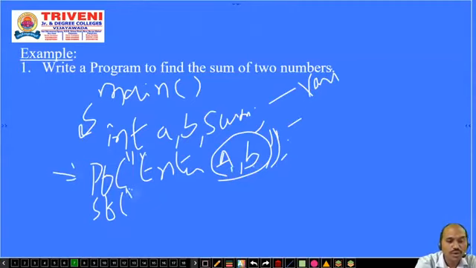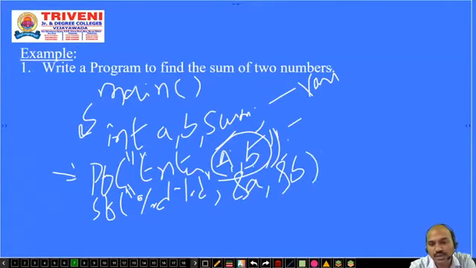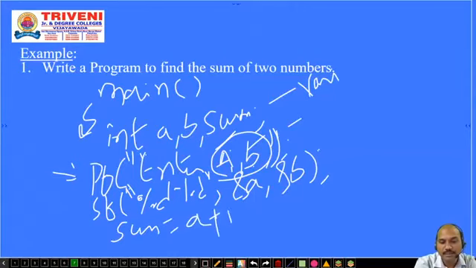Open the quotations and write two %d, one for a and the second for b. Then close the brackets. Ampersand means the address of a variable, so that is a, which we have to read. The next one is ampersand b, the second one. Finally, we calculate sum equals a plus b.